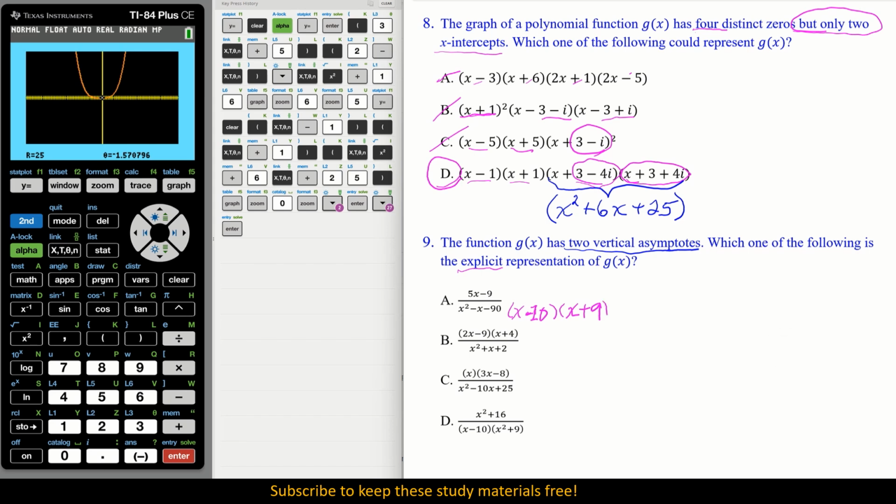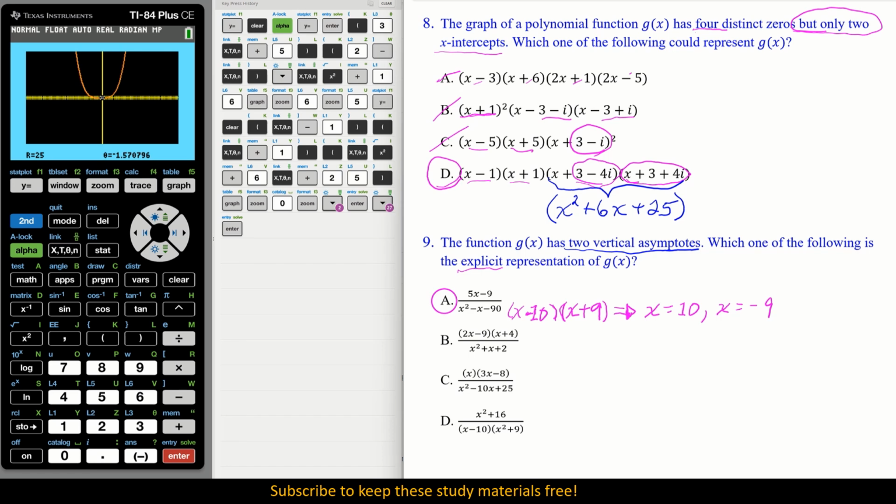Okay, so I see a factored situation. So I see x equals 10 and x equals negative 9. However, with B, so I'm thinking that's it because that is very quick and easy to see. That's what they mean by explicit. We identified it right off.